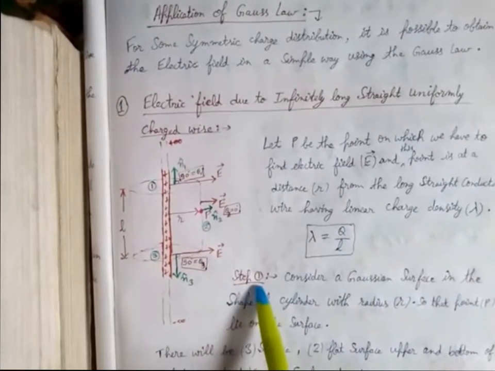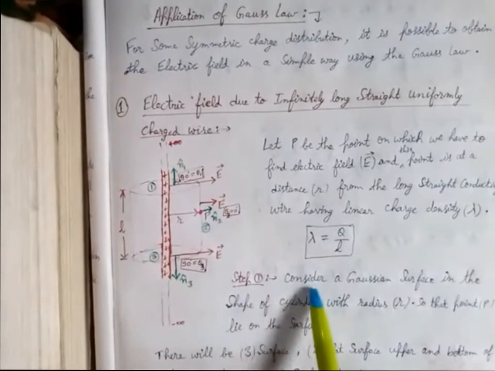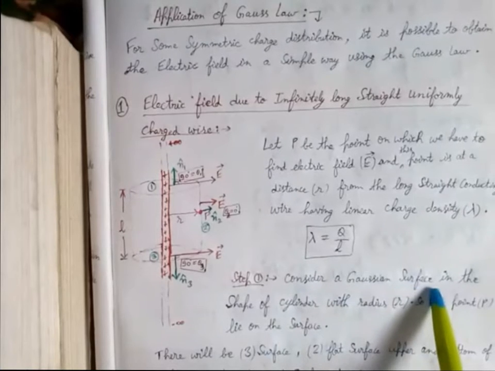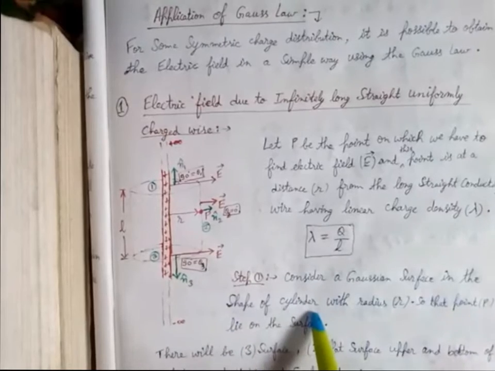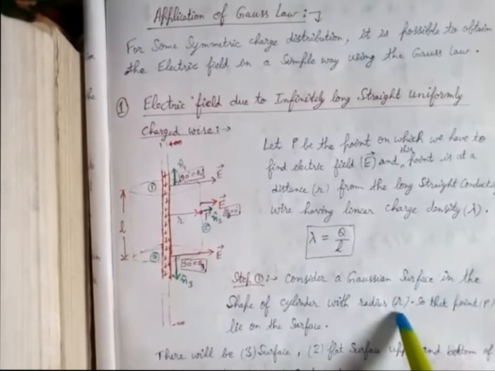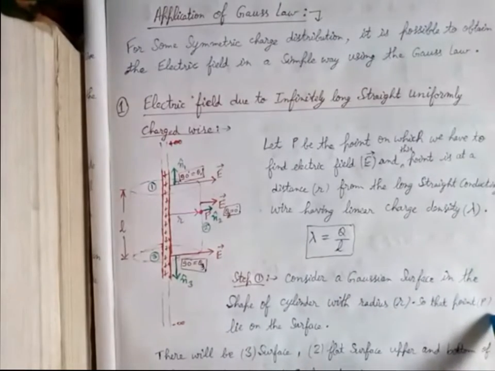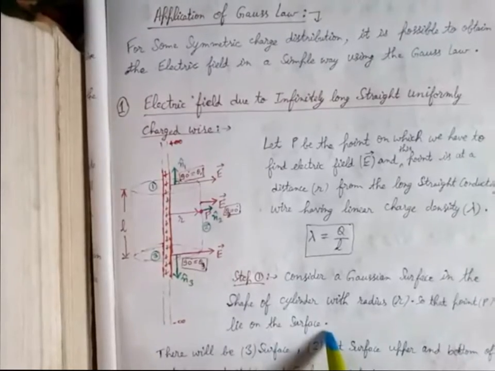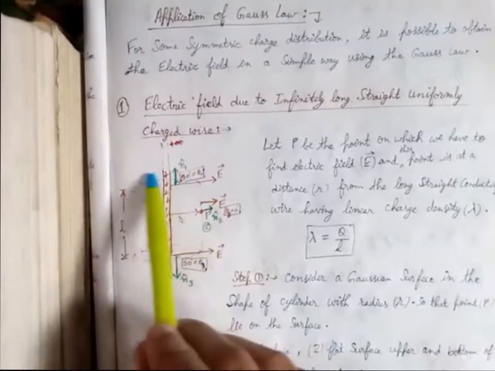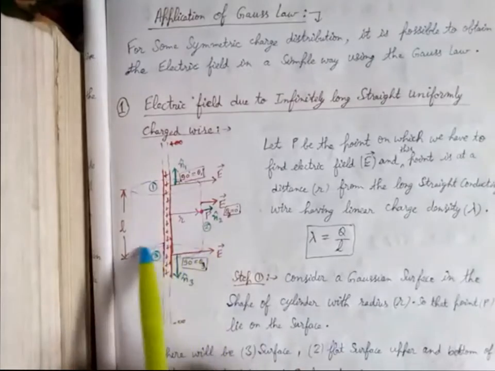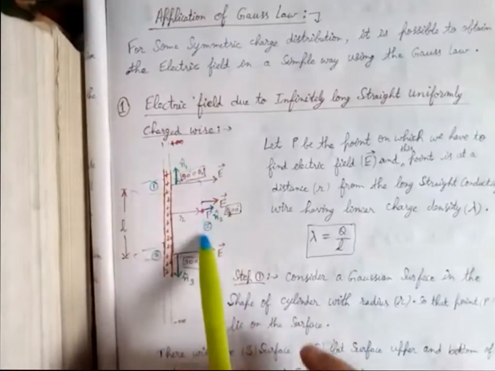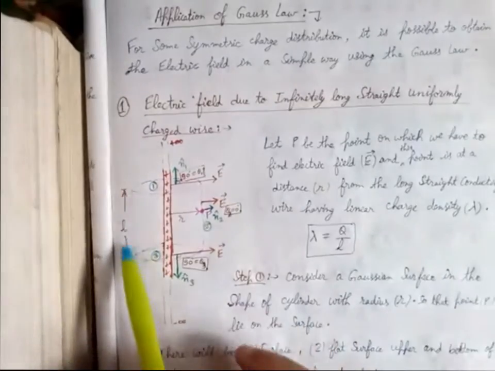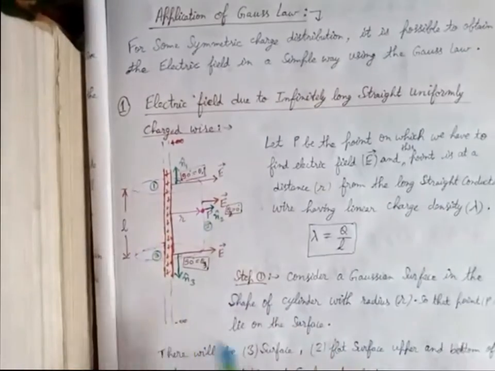Now in step 1 we consider an imaginary Gaussian surface in the shape of a cylinder with radius r, so that the point P lies on that surface. We have taken an imaginary cylinder of length L as the Gaussian surface.